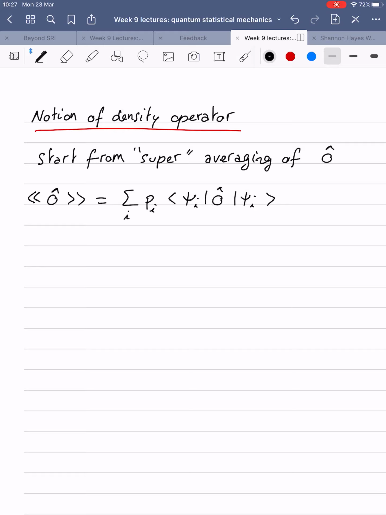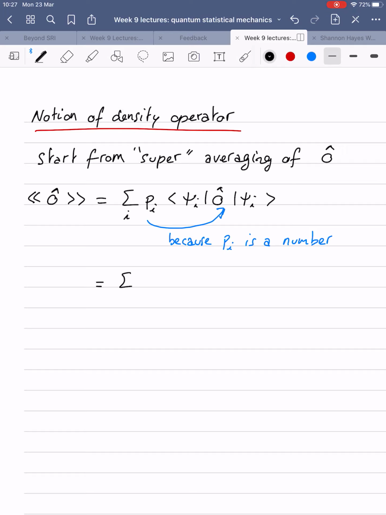So far so good. Now what I'm going to do is first recognize that I can put this p_i over here, just next to O, because it's a number. p_i is a number, so I can put it wherever I want in this equation. This is a quite standard kind of trick in quantum mechanics.